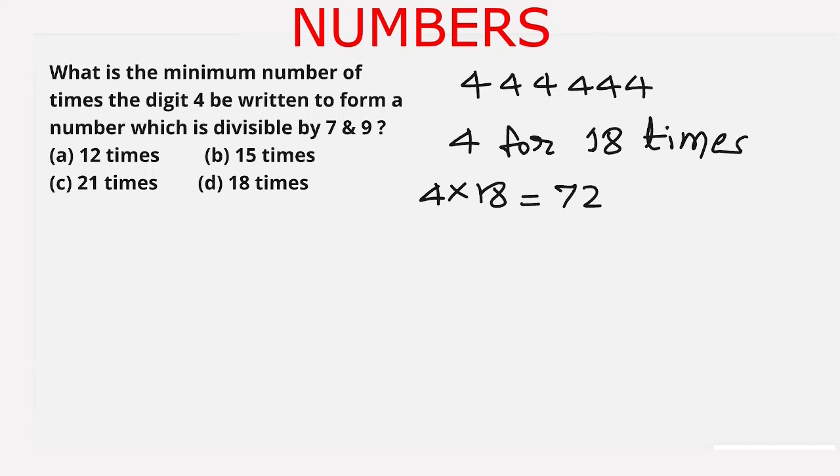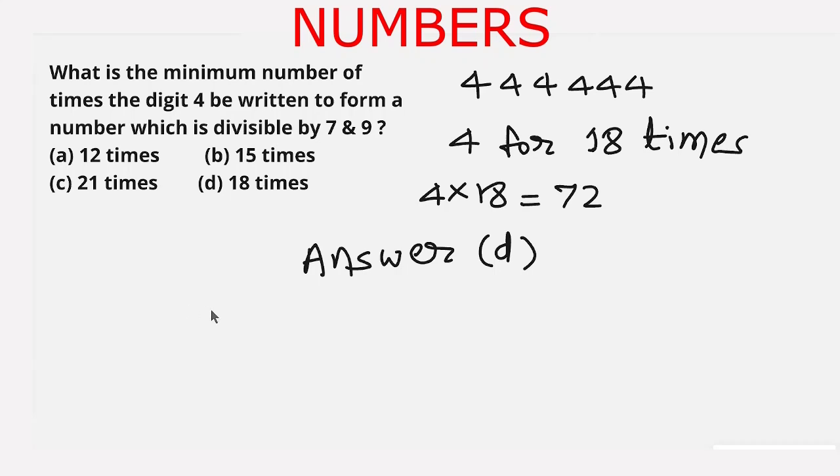Hence the minimum number of times we should write 4 is 18 times to make the number divisible by 7 as well as 9. And from the given options, our answer is option D, 18 times.